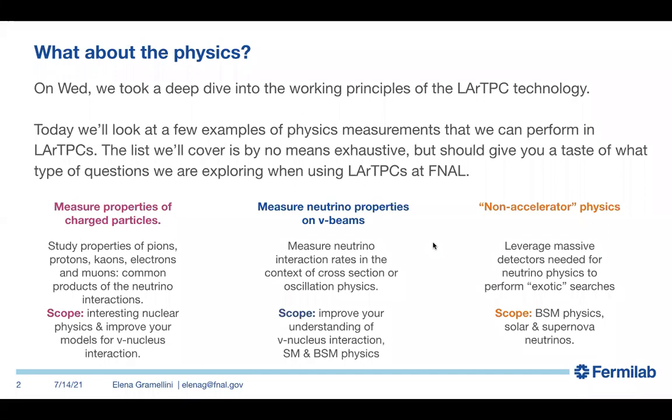The first topic we're going to talk about is neutrino properties on neutrino beams, which is one of the big things that we're doing at Fermilab. In this case, we're going to talk about measuring interaction rates in the context of cross-section and oscillation physics.